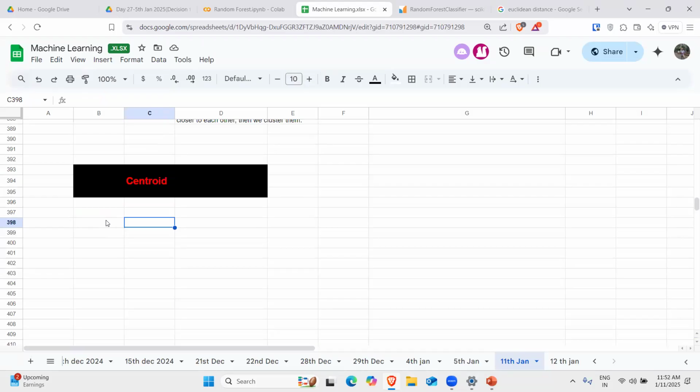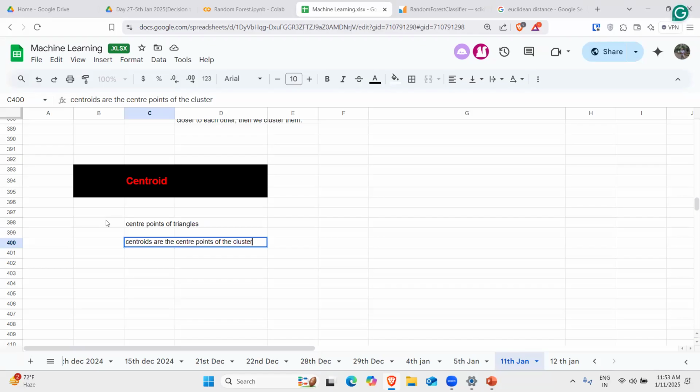If you remember your high school geometry, centroids are essentially the center points of triangles, right? So centroids are generally center points. Similarly, in the case of clustering, centroids are the center points of the clusters that are being formed, right?